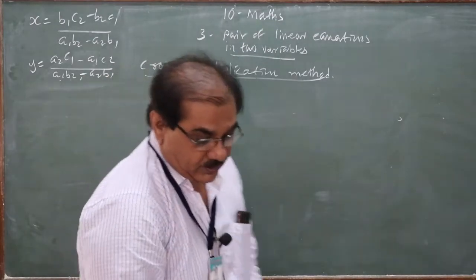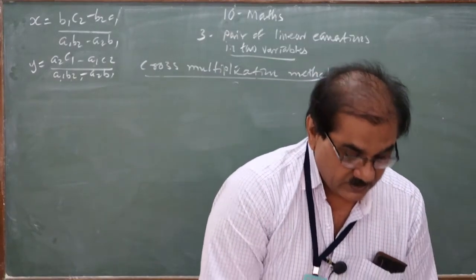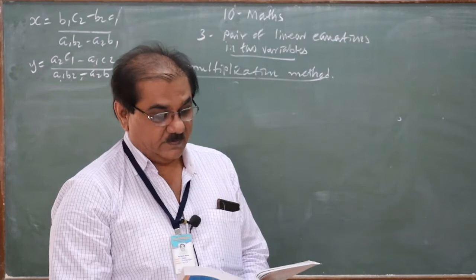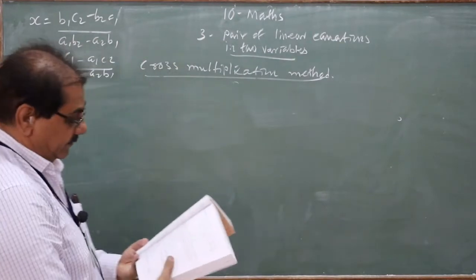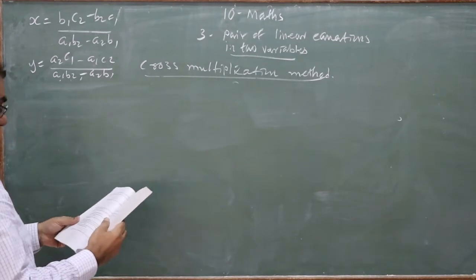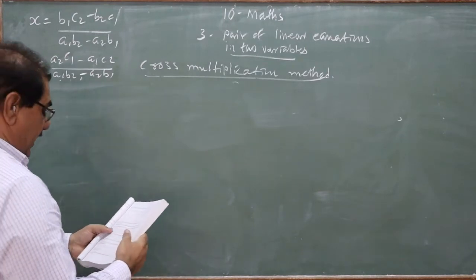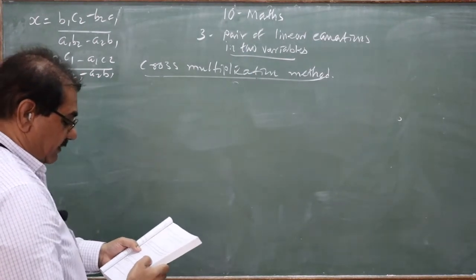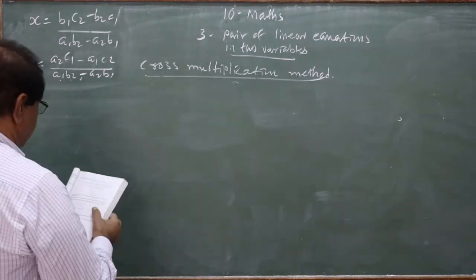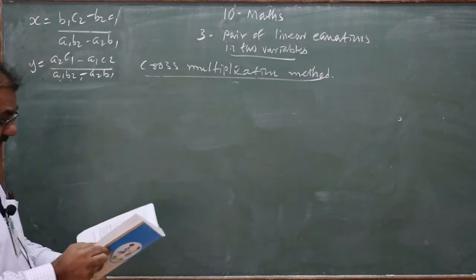Now we go for the solved examples of your textbook, page number 61, example 15. For which values of p does the pair of equation given below has a unique solution? Before that, sorry, one question is left.